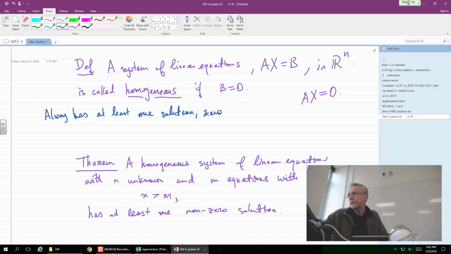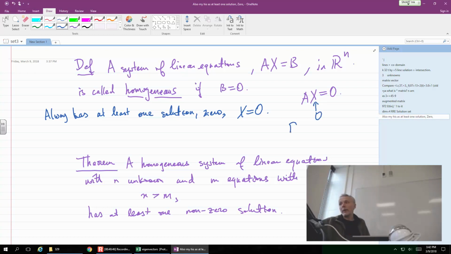Zero. So once you put b equal to 0, there will always be at least one solution. The zero solution, x equals 0, the vector x is equal to 0. Okay, it is a solution. You plug in a vector, AX is equal to 0. If I put 0 over here, what's going to happen?